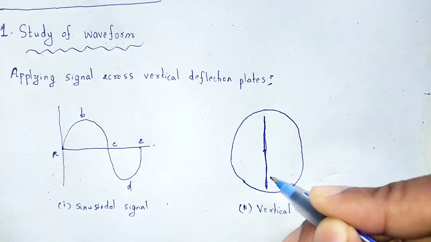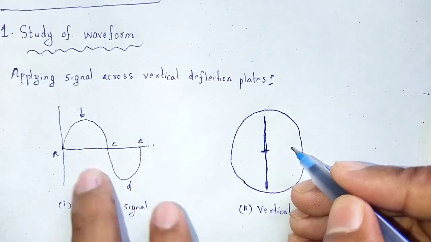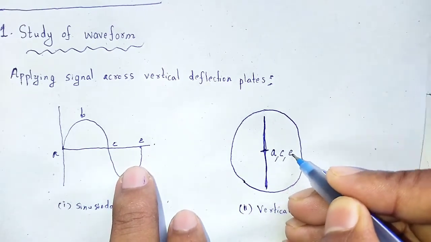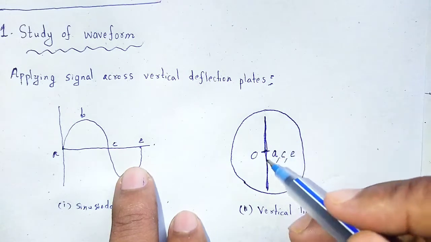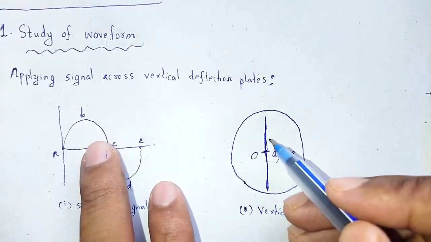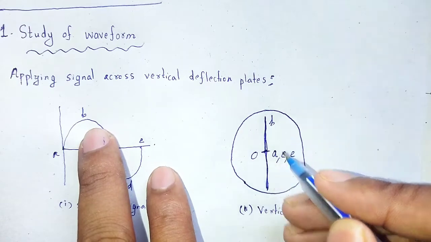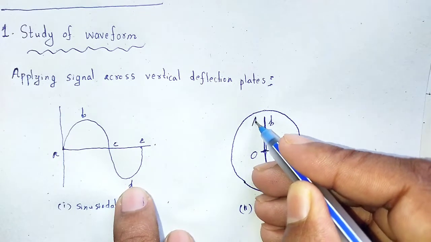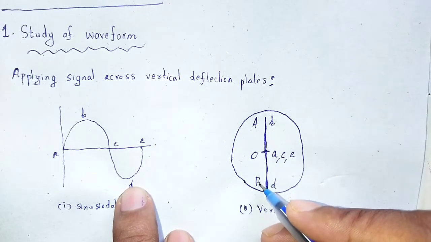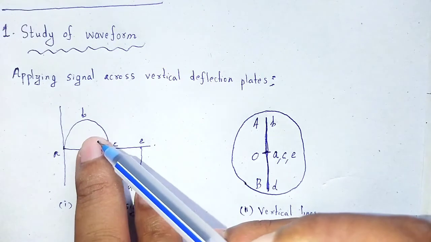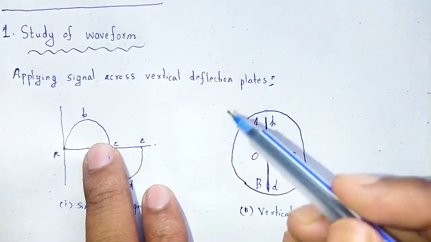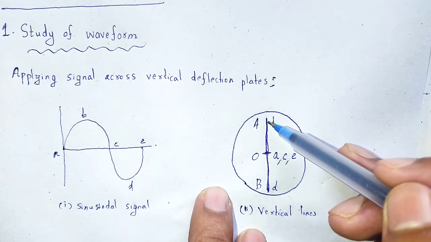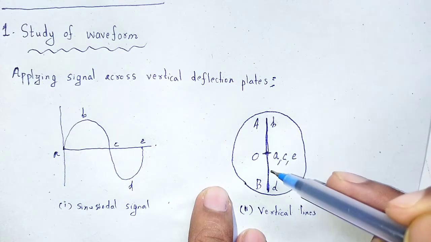In the vertical lines, the positions are A, C, E, A, C, E. Here points B and D we will name as A and B. During the positive half cycle, the spot moves from O to A and then comes back to O again.